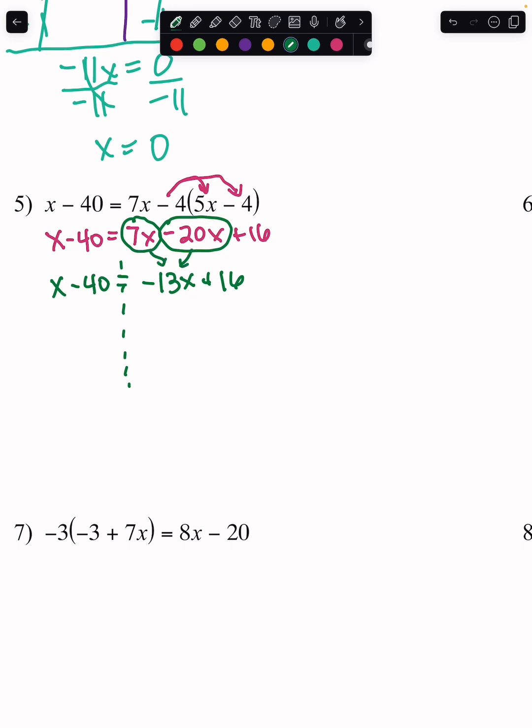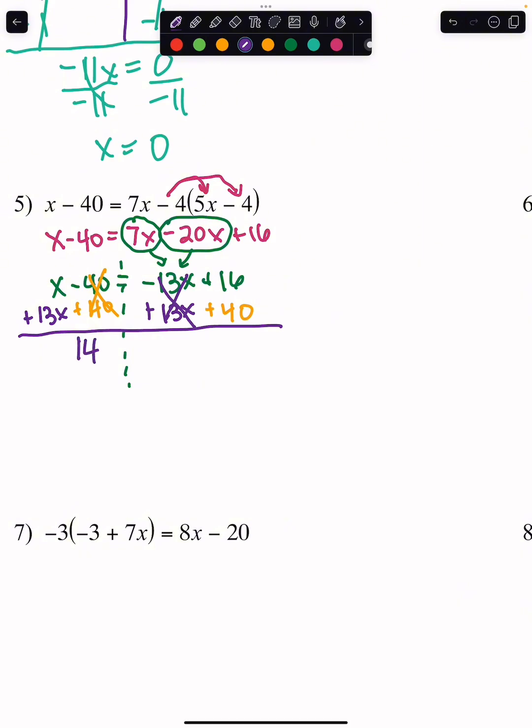Now, once you get good at these, you'll be able to say, okay, this is a constant, gotta go. That takes care of that. This is a variable, gotta go. And you can actually do all of this in one step. 13x plus 1x is 14x is over here.